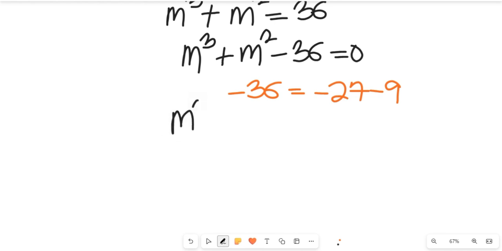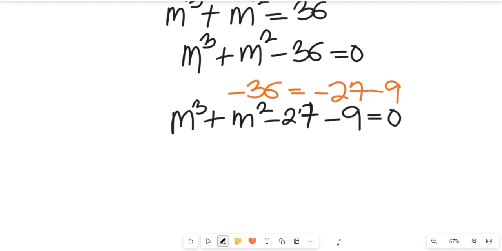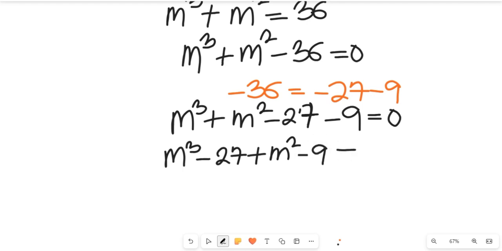M cubed plus m squared minus 27 minus 9 will be equal to 0. Fine. So we'll have m cubed minus 27 plus m squared minus 9, and this will be equal to 0.